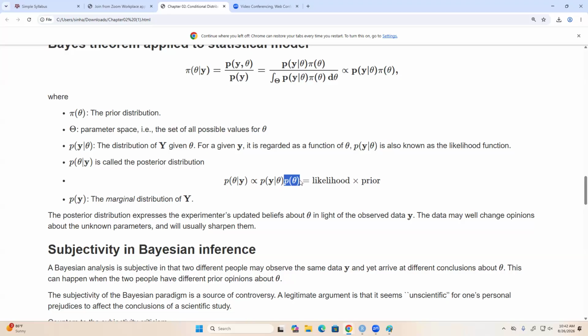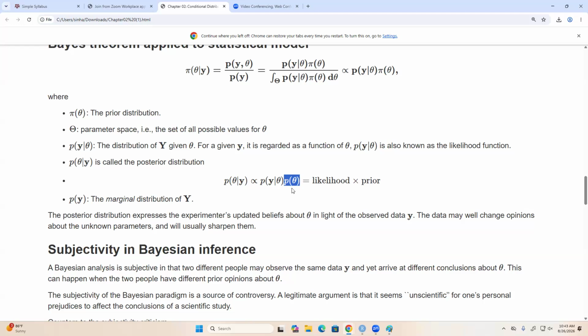It can change from one subject to another depending on the choice of the prior distribution. But there are some safeguards we can apply, and that is called the objective way of analyzing data. That is called the objective Bayesian method, where we will not choose the prior distribution subjectively.